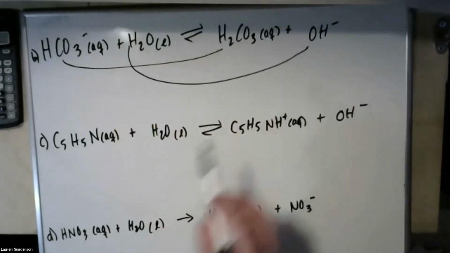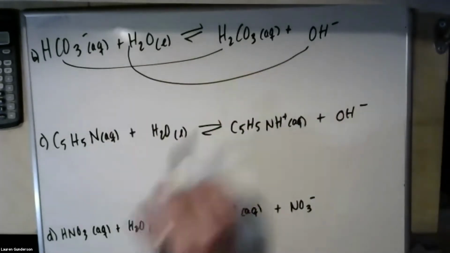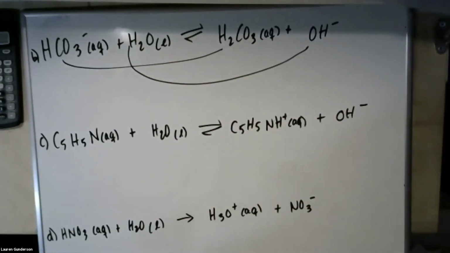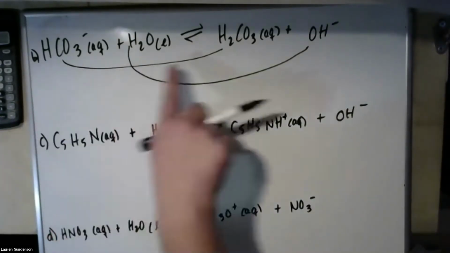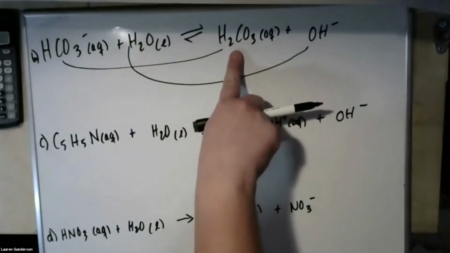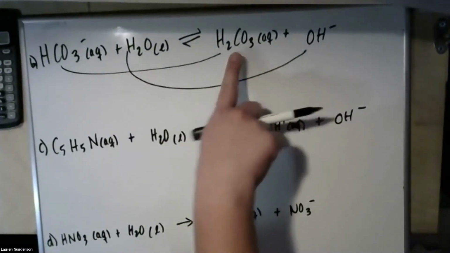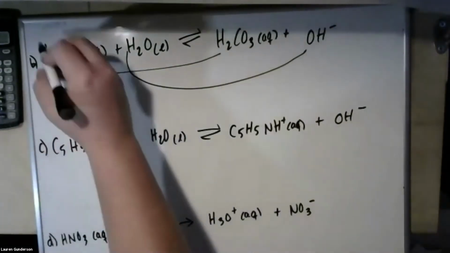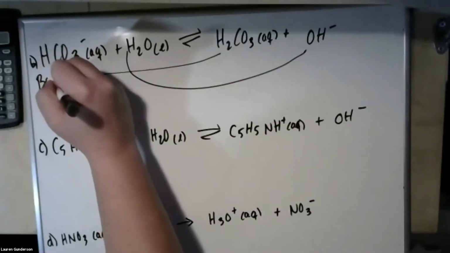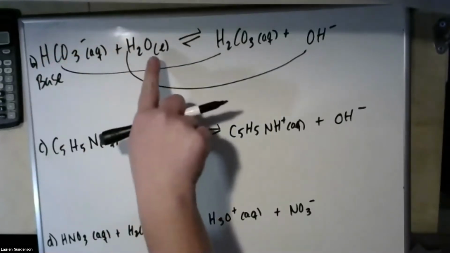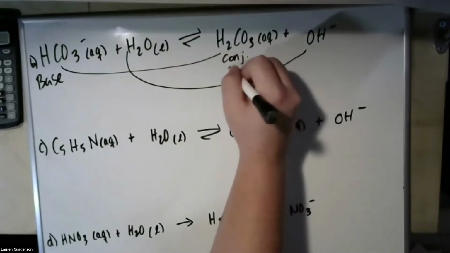H2O and OH minus also differ by just 1 proton, so that'll be my second pair. In this case, my HCO3 minus accepted a proton and became H2CO3. So the HCO3 minus is going to be the base, and the H2CO3 is going to be the conjugate acid.